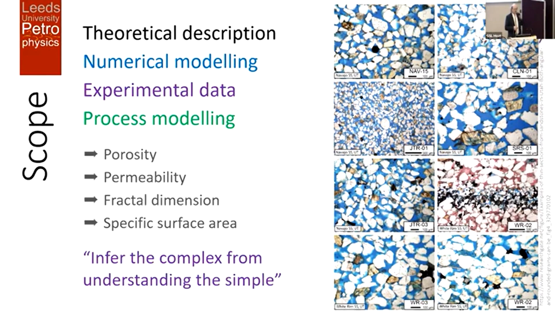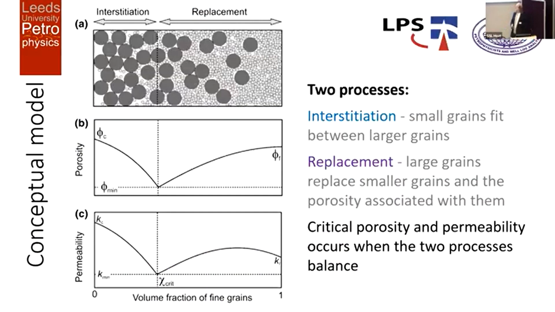So I wanted to start with a conceptual model. This is the conceptual model. This is how porosity in a two-size pack will change depending upon the volume fraction of the grain. On the bottom here we have the volume fraction of the grains, and you can see we start off on this side with a lot of big ones, a lot of small ones on this side, and there's some sort of gradational behavior in the middle.